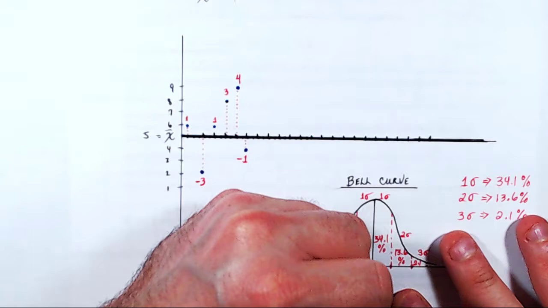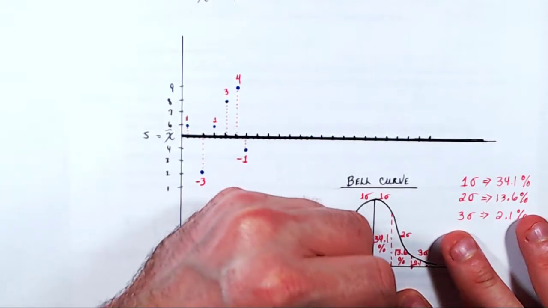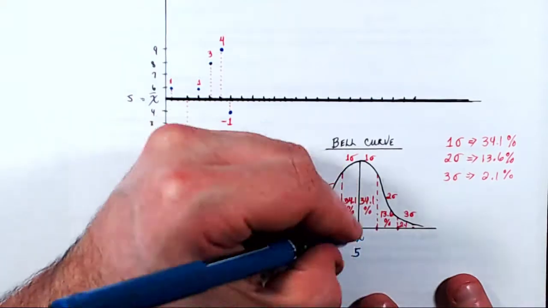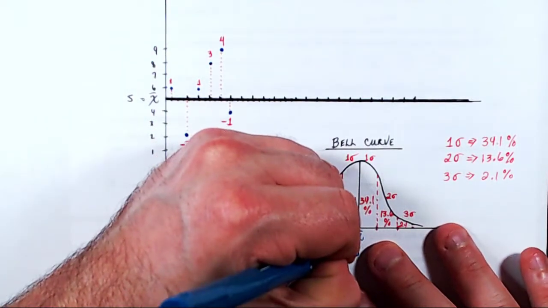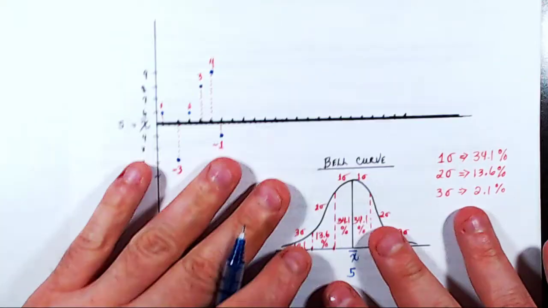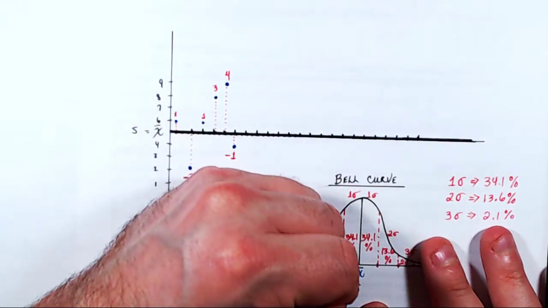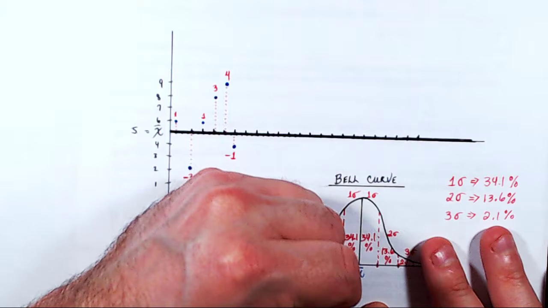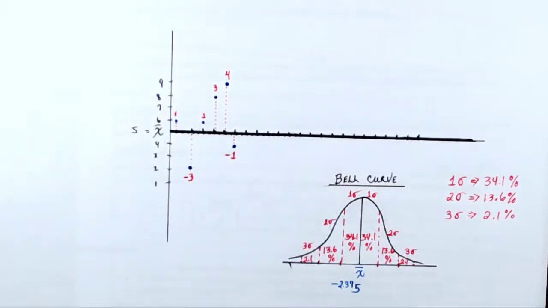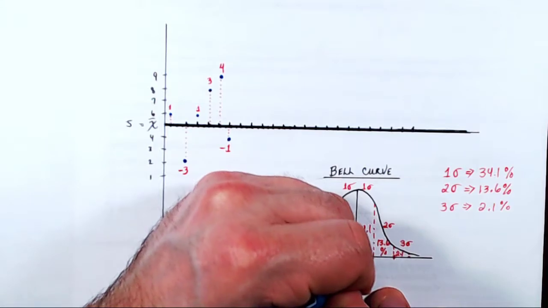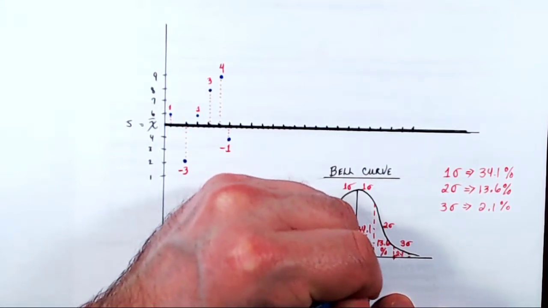Let's put some real numbers down. The mean of the population was 5. One standard deviation to the left would be minus 2.39, 2.61, and one standard deviation to the right would be plus 2.39.